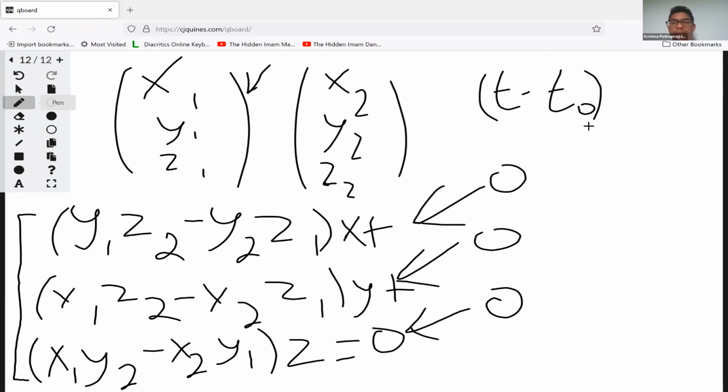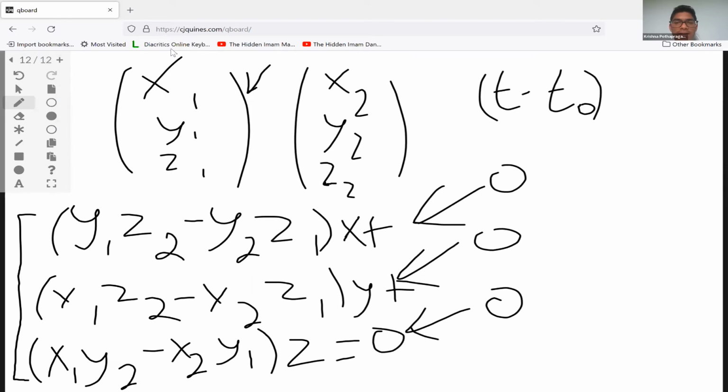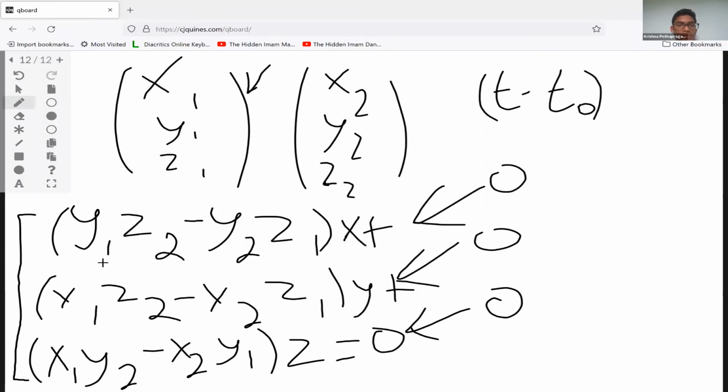And we can do the same thing for all values where A and B coincide. Right. Okay, so we're good on the statement of Zack's lemma and the proof behind it.